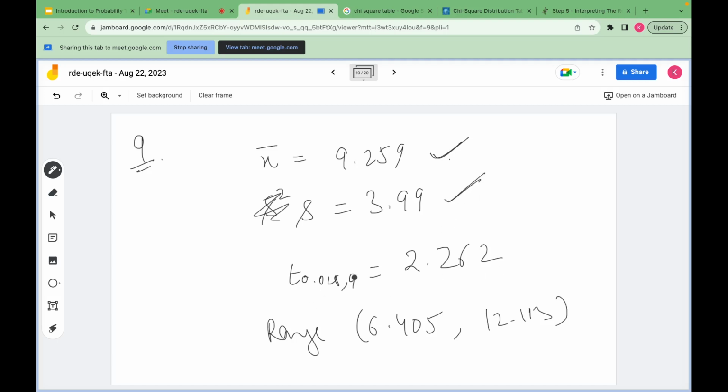This t 0.025,9 is 2.262. So the range will come out to be 6.405 to 12.113.